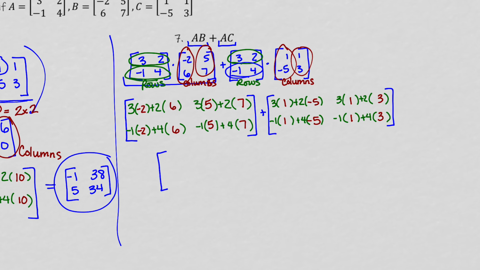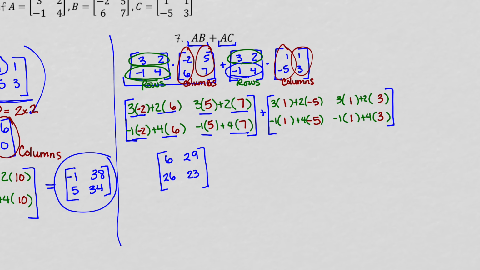Okay, so this first one, I have a negative 6 plus 12 is a positive 6. 15 plus 14 will be 29. 2 plus 24 would be 26. Negative 5 and 28 would be 23.